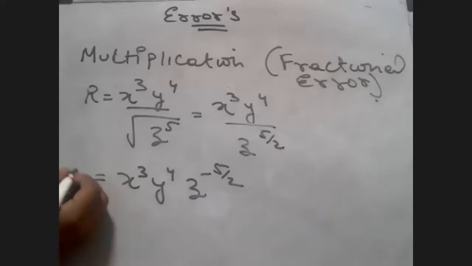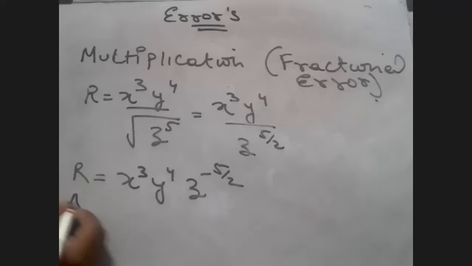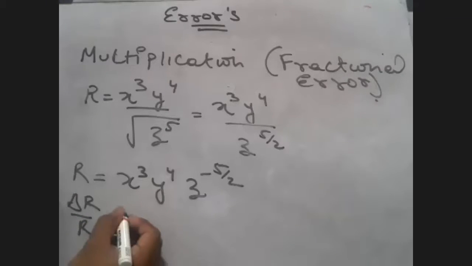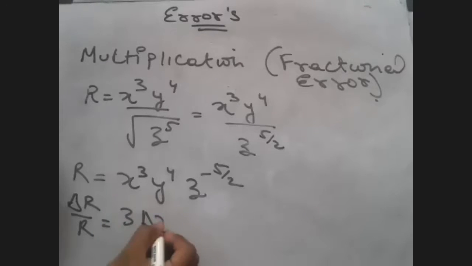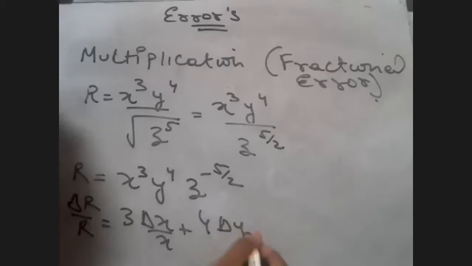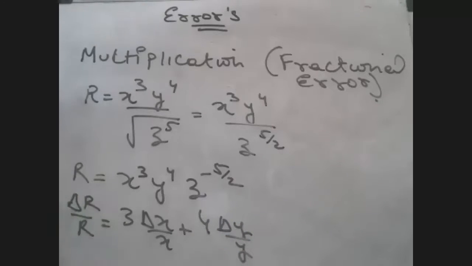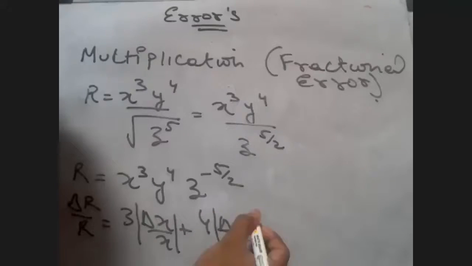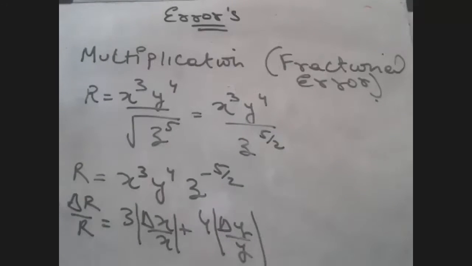If this is my r, then what will be delta r by r? Delta r by r, students, listen to me, it is going to be 3 delta x by x plus 4 delta y by y. But students, this is a mod function. Mod function means anything which goes inside this is going to be positive.